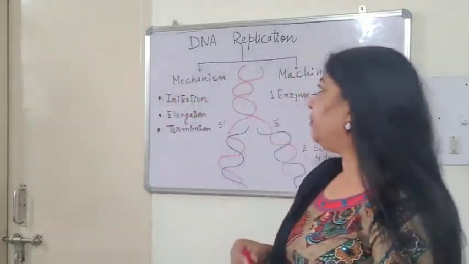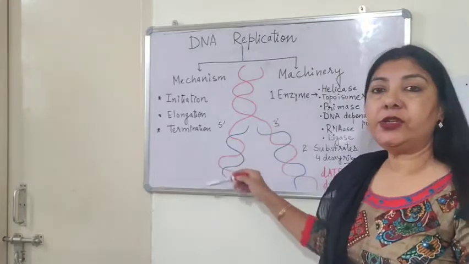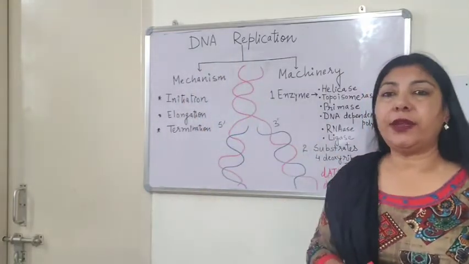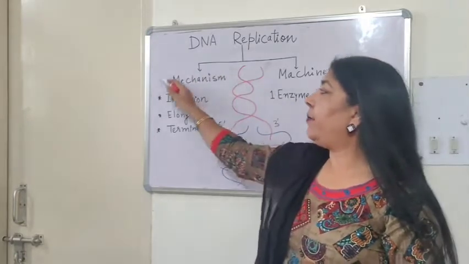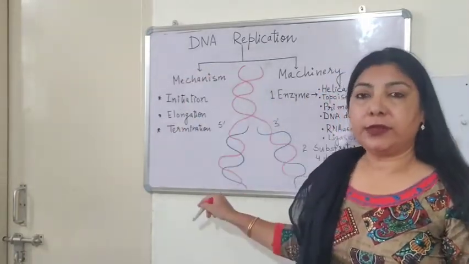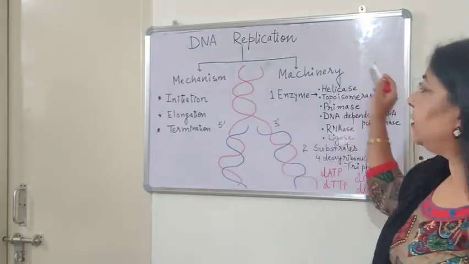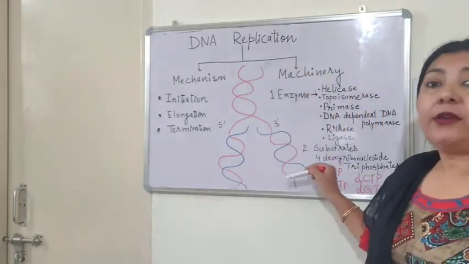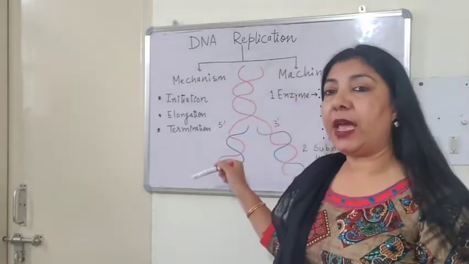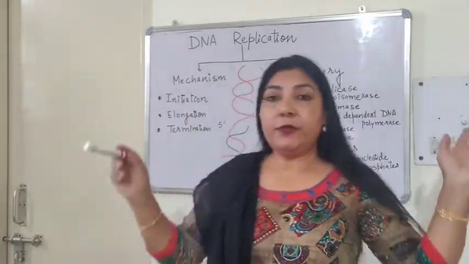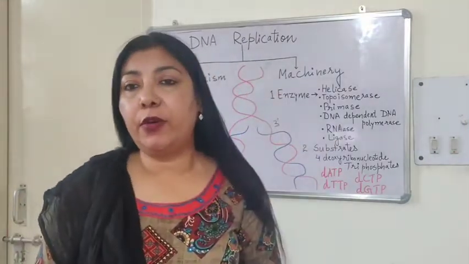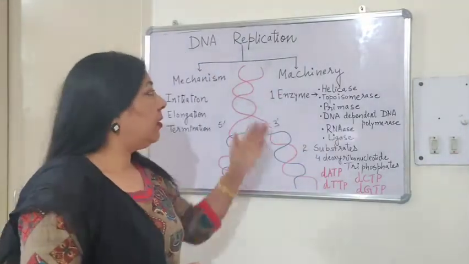So let's see here. This whole process of DNA replication we can divide into two categories. One is the mechanism or the process it involves, and second is the machinery it requires. Before going into the details of the mechanism, let's first focus on what machinery is required for DNA replication.